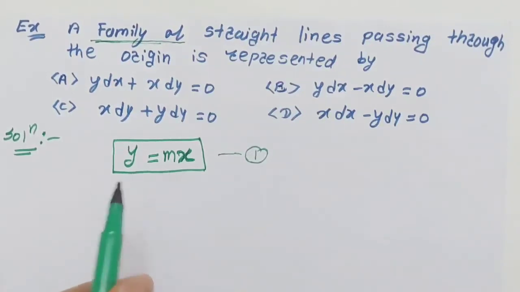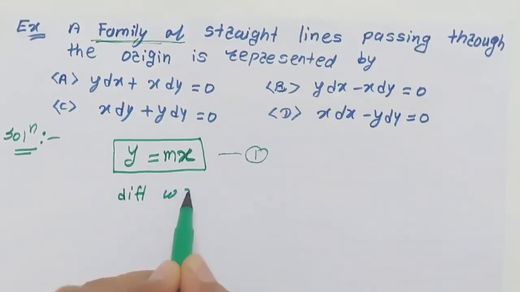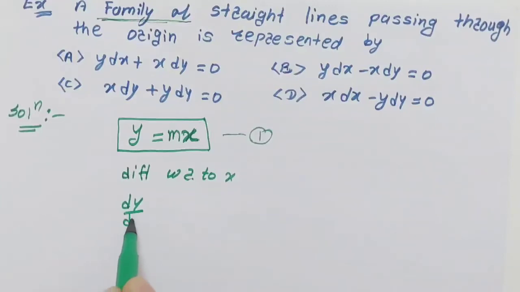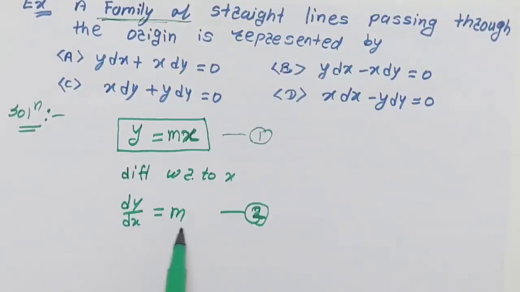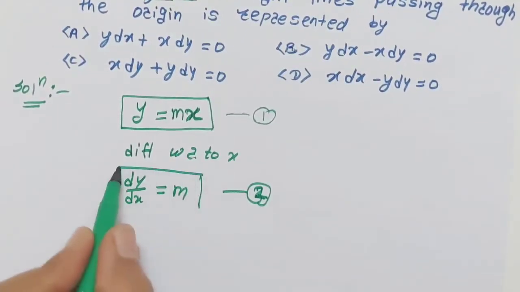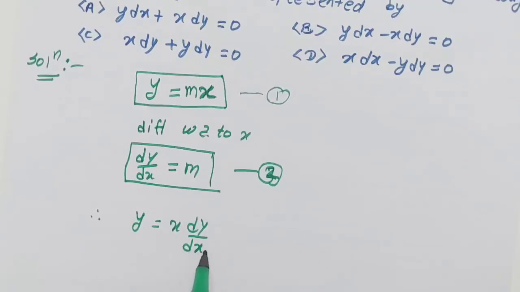And it contains one arbitrary constant. That means we have to differentiate this equation only one time. So if we differentiate with respect to x, then dy by dx is equals to m. This is equation number 2. Put this value of m in equation 1, that means we are solving equations 1 and 2 simultaneously. Therefore y is equals to x dy by dx.